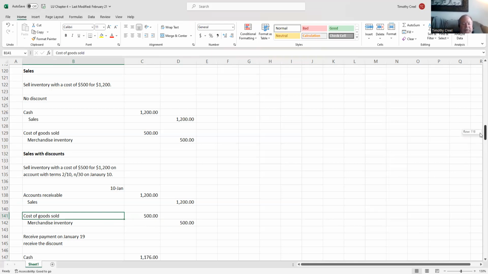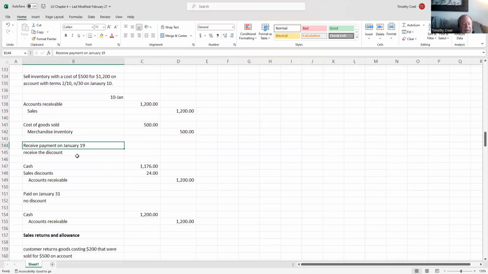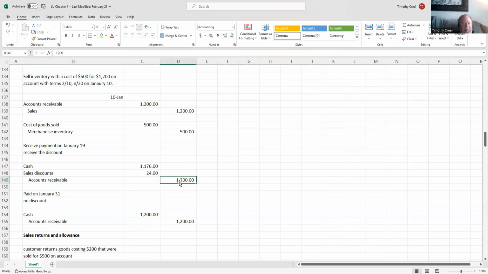So what if we receive payment on January 19th? Then that customer would receive the discount. We would debit cash for the amount owed less the discount, which is 2% of the total amount owed to us. Notice we'd record the discount to an account called sales discounts.